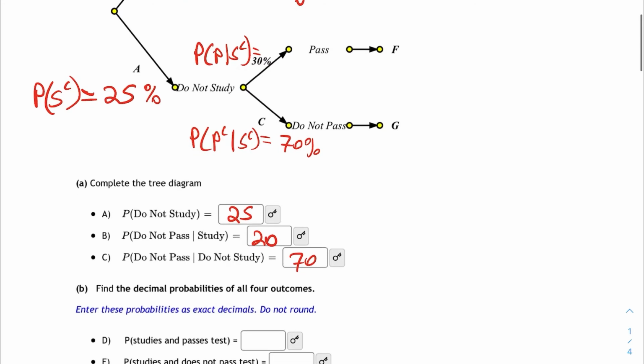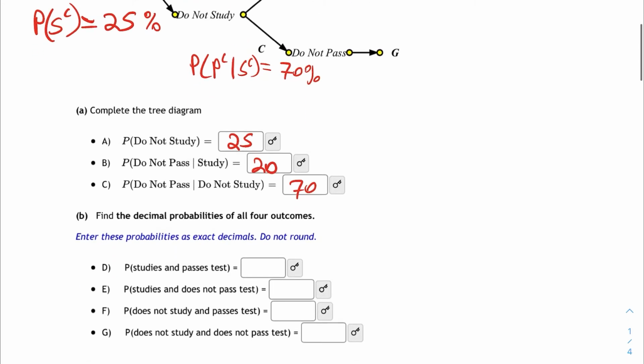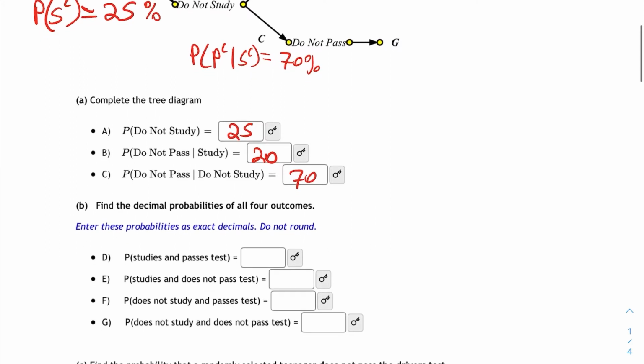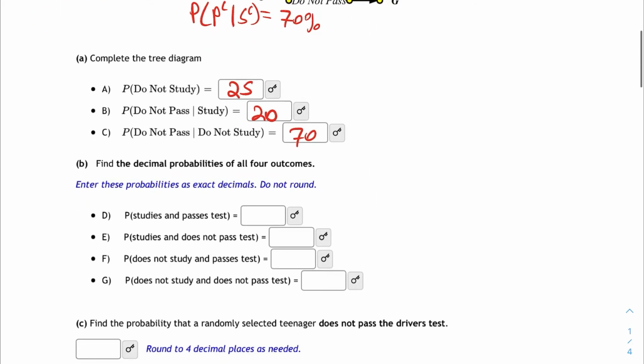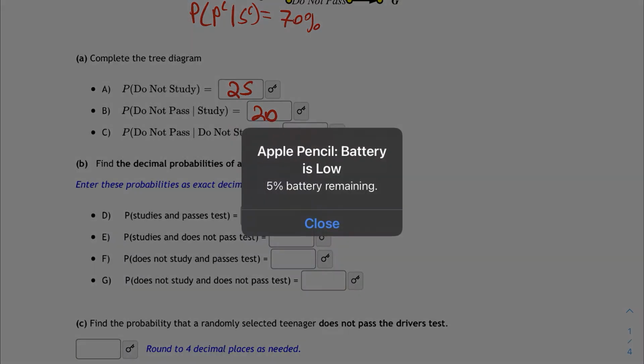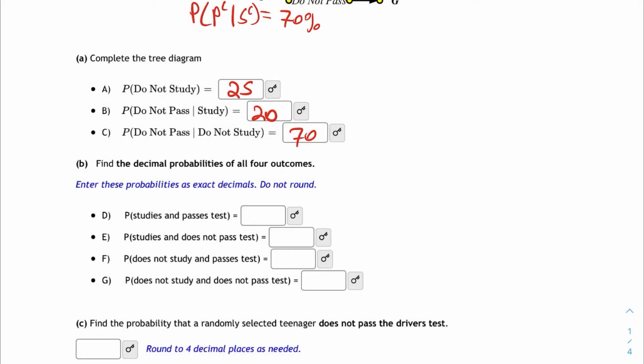Now, for part B here, lowercase b, we have find the decimal probability for all four of these outcomes. And these are joint probabilities. Now, given what we have in this table, we can actually find the joint probabilities rather easily.